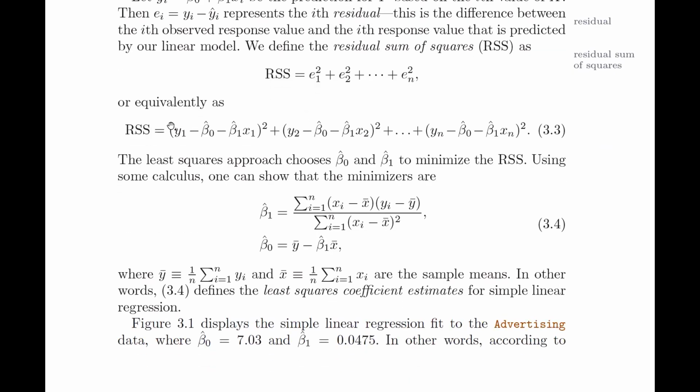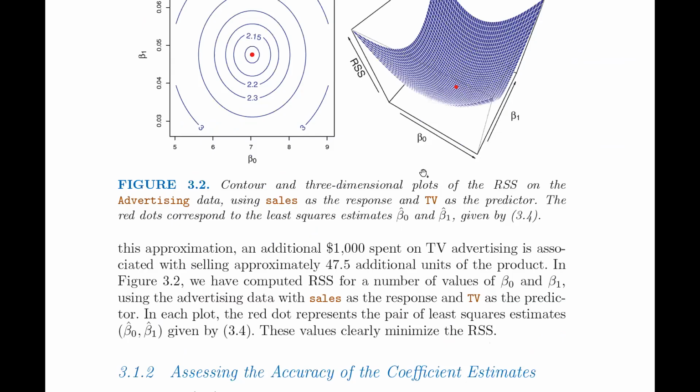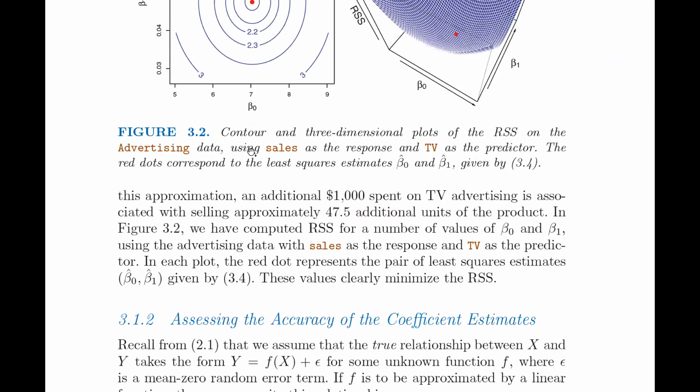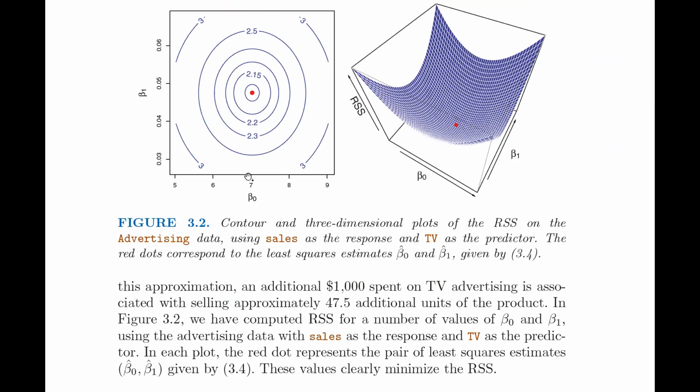We apply derivatives, specifically partial derivatives, typically done at university level, which help us find the point, and we shall refer to it as beta naught hat and beta 1 hat. It's going to be at around 7 and 0.047. That minimizes, that gives you the least residual sum of squares.